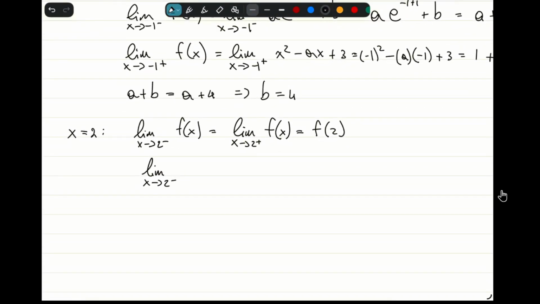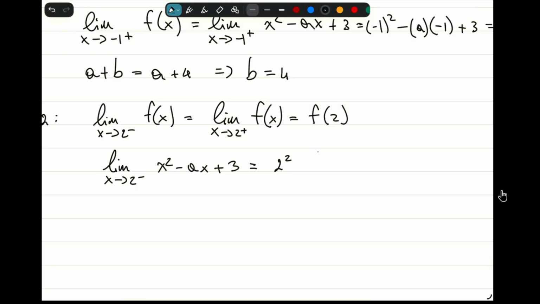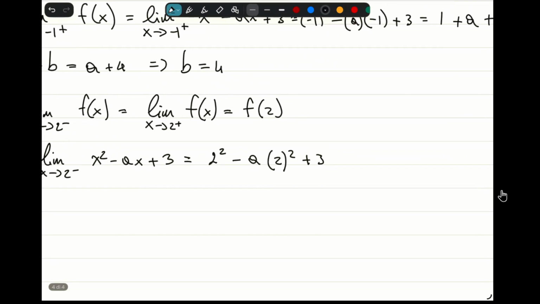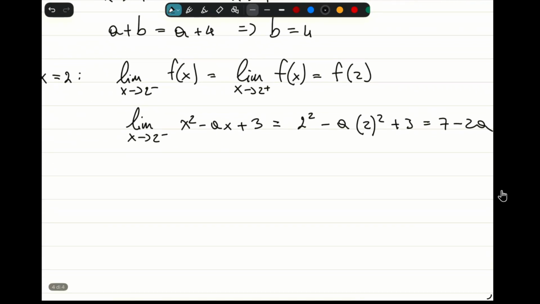From the left we have again x squared minus ax plus 3, which equals 2 squared minus a times 2 plus 3, I'm just going to substitute right away, and this will just be 7 minus 2a.